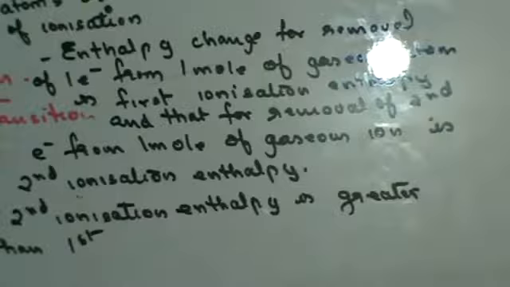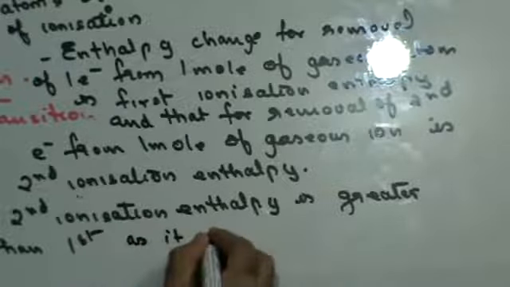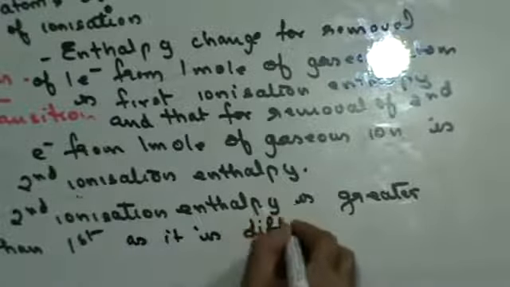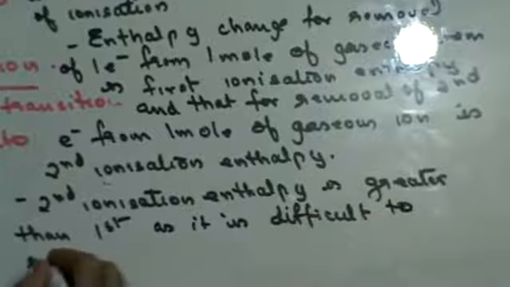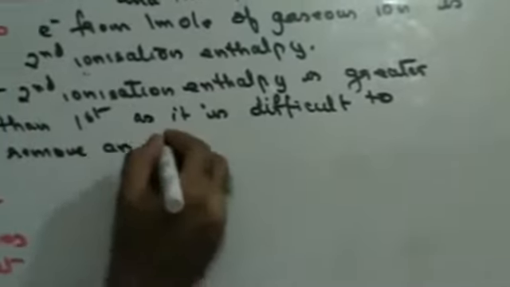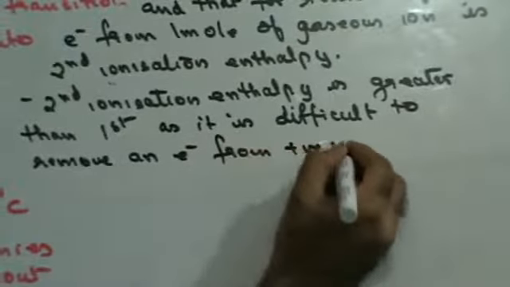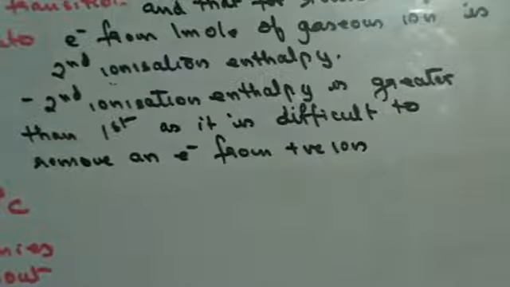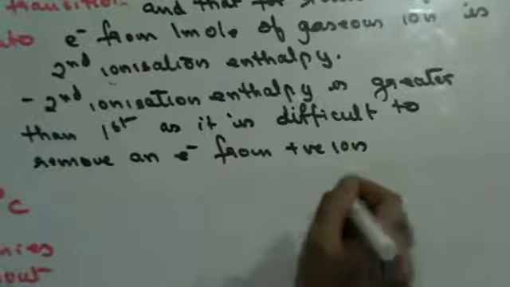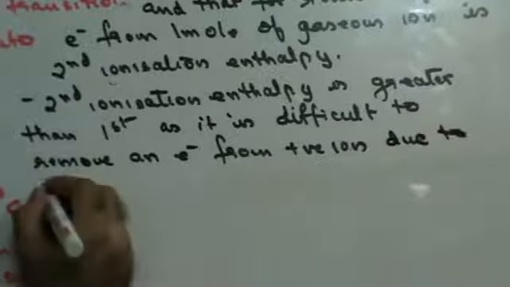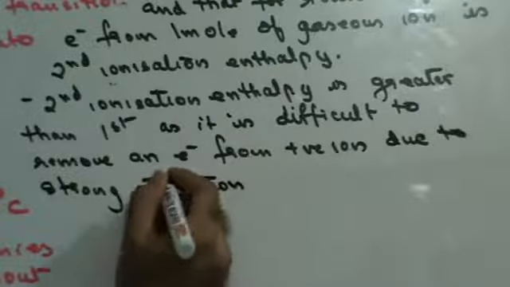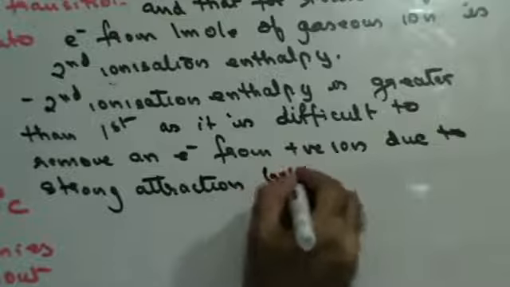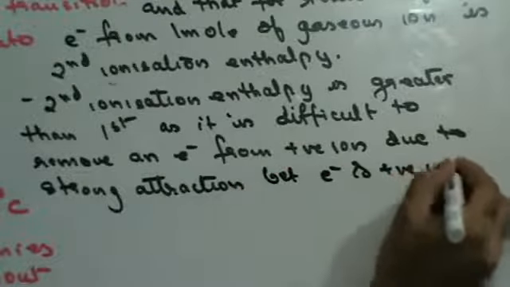So the second ionization enthalpy is greater than the first, as it is difficult to remove an electron from a positive ion due to the strong attraction between the electrons and the positive ion. Right?